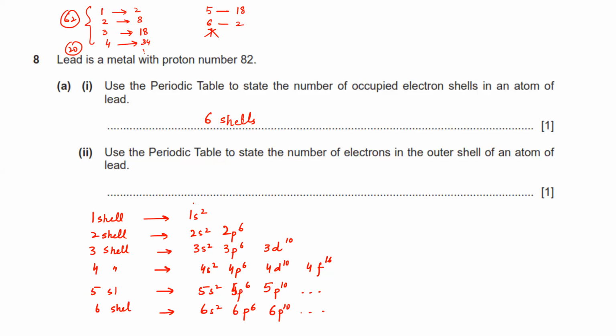So the electrons go: the first shell will have two, then the second shell 2 and 6, so 2, 8, then 2, 6 again, 2, 8.